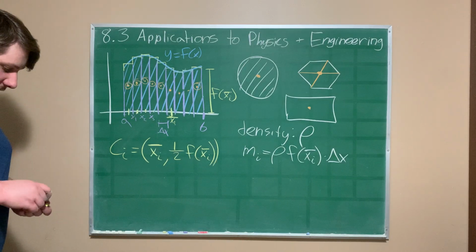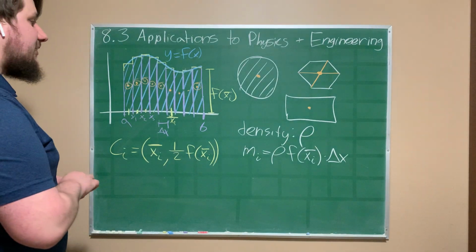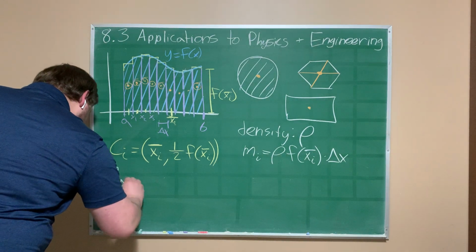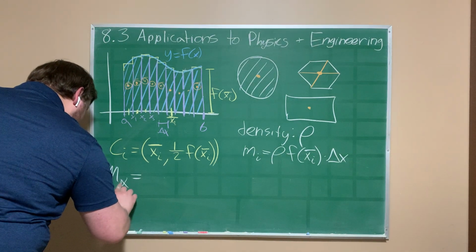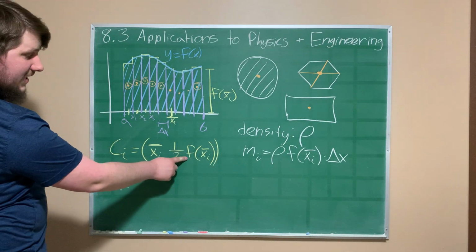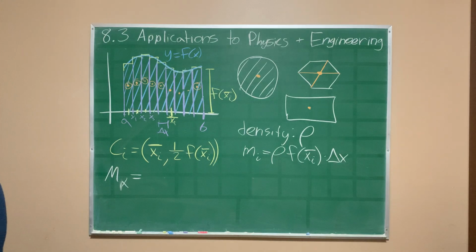So now I can find the moment with respect to each of the axes. The moment with respect to the x-axis, what I'm going to do is take the mass times the distance away from the x-axis that point has.